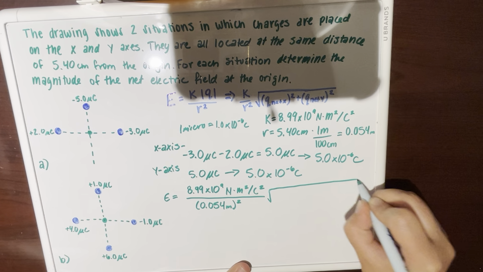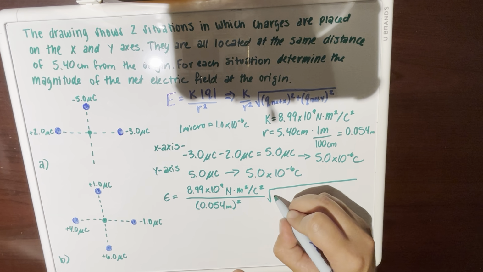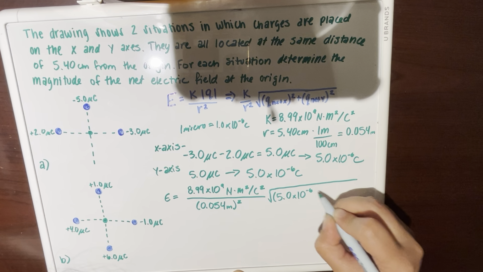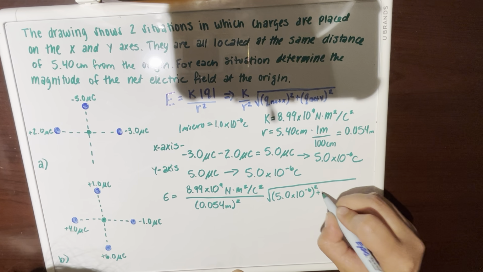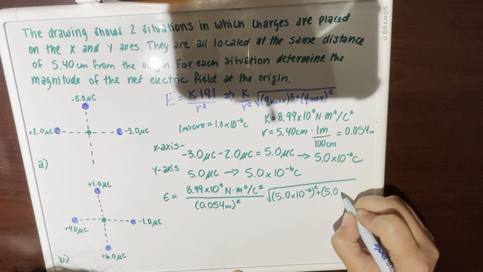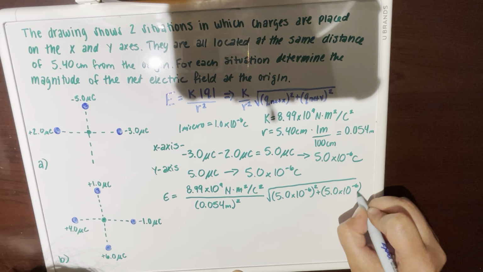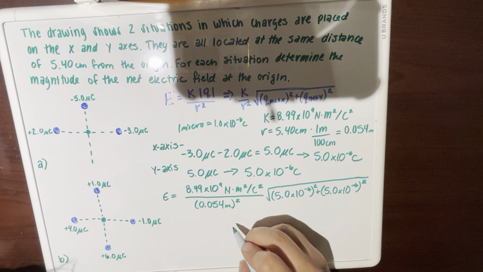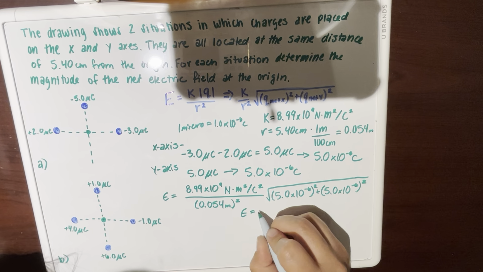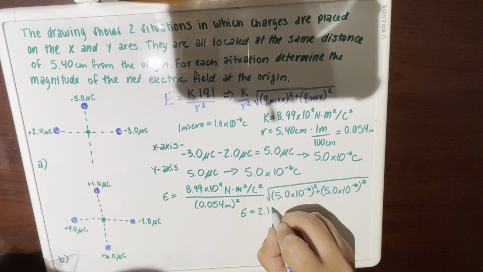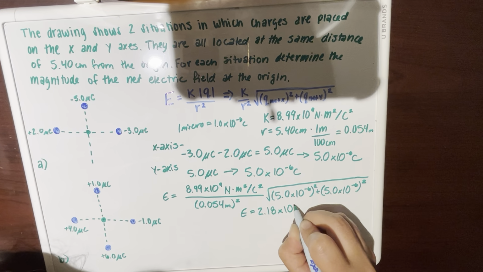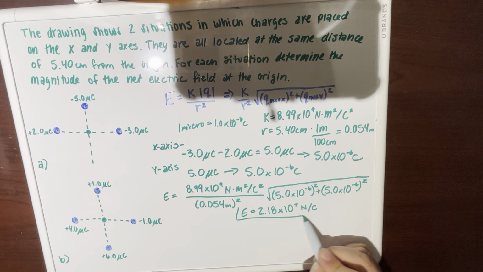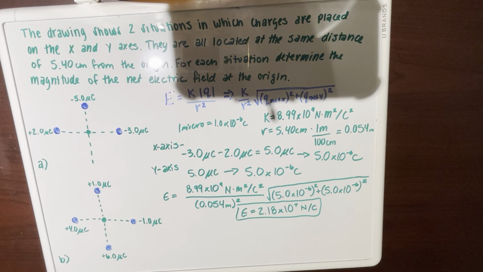And this is going to get multiplied by the 5.0 times 10 to the negative 6 squared plus 5.0 times 10 to the negative 6 squared. And this is going to end up equaling, and that's going to be our answer for part A.